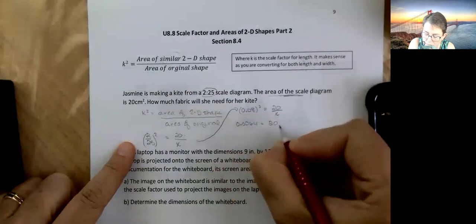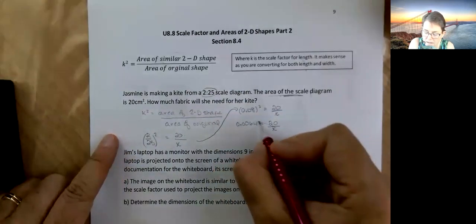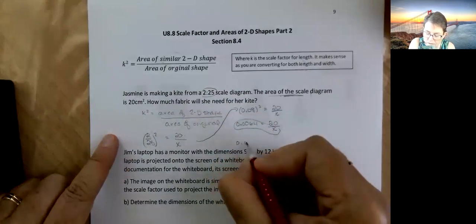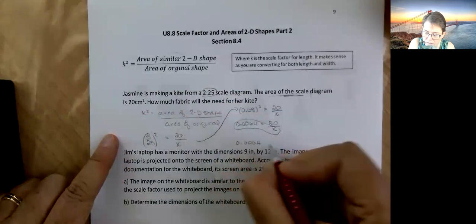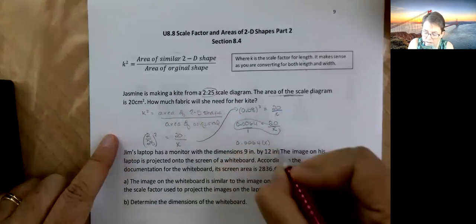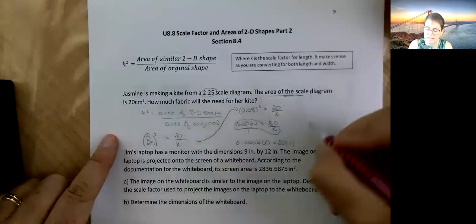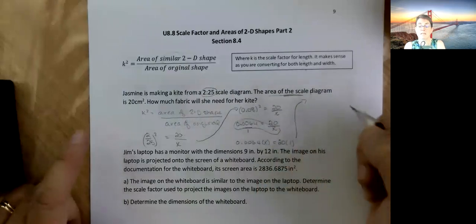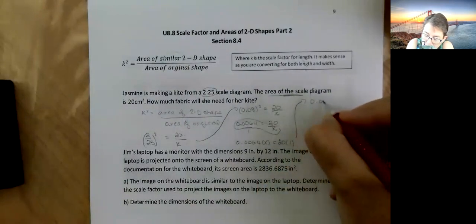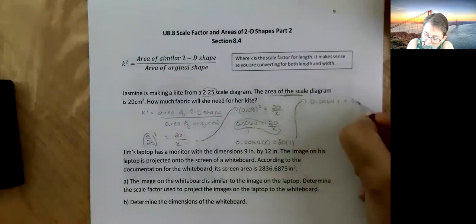Equals 20 over x. Now we're going to cross multiply. 0.0064 x. Oh, I have to put a 1 there. Is equal to 20 times 1. I'm really regretting not leaving myself more room here. So 0.0064 x is equal to 20.